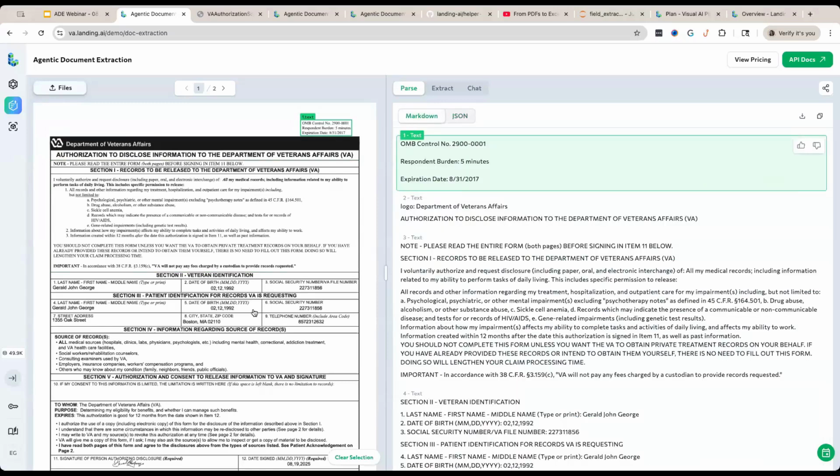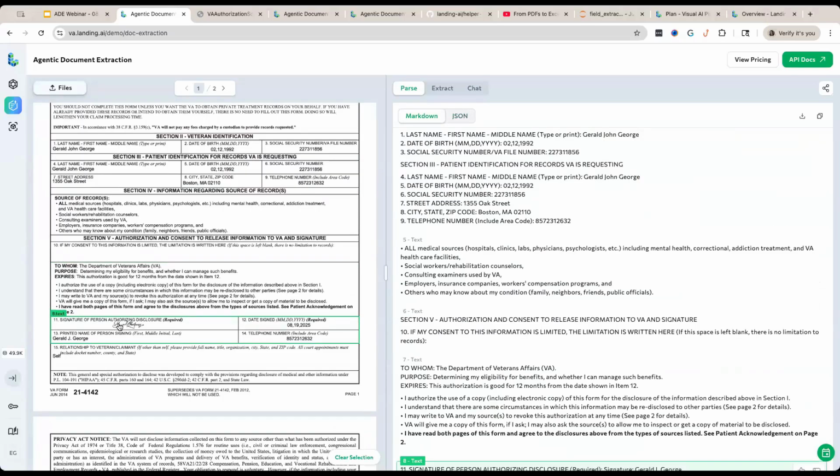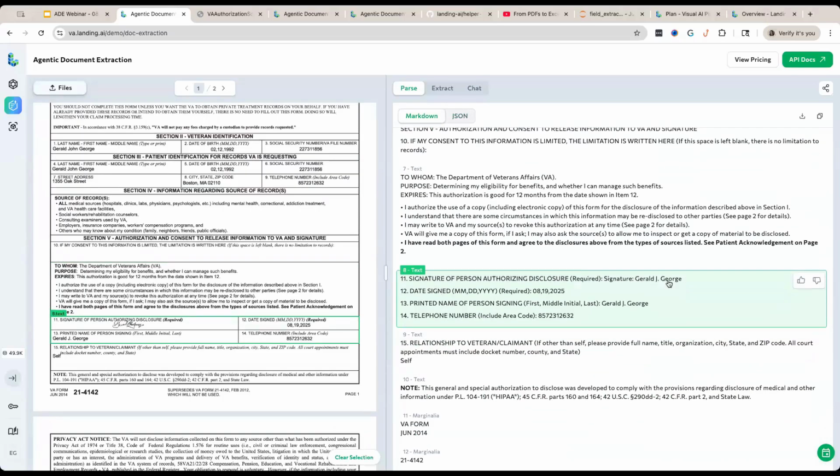Some things to highlight here: we have identified the signature and it has characterized it correctly. It's also brought in the associated details of when it was signed, including the telephone number. So it's really great that you're able to pull that information out.